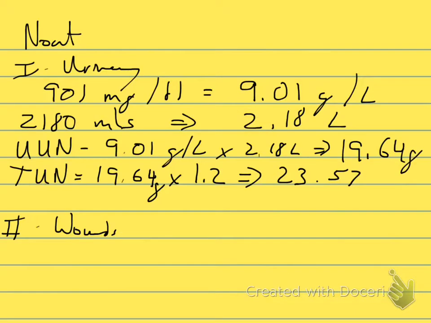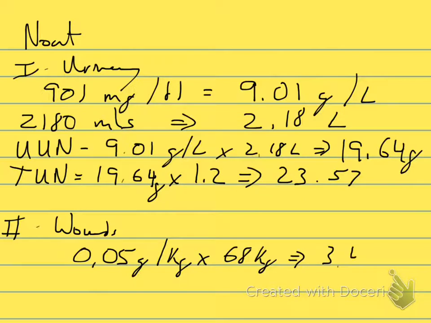So let's come back to where we were. If I take 0.05 grams per kilogram, and I multiply that by 68 kilograms, I told you this person weighed, that's going to give me 3.4 grams of nitrogen coming out.